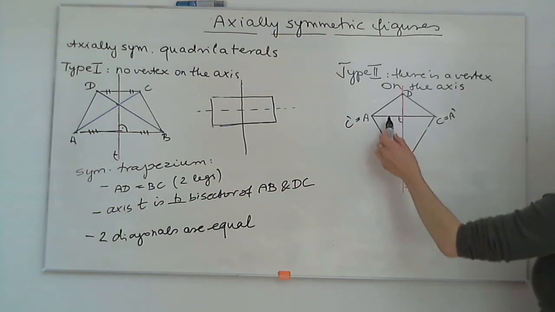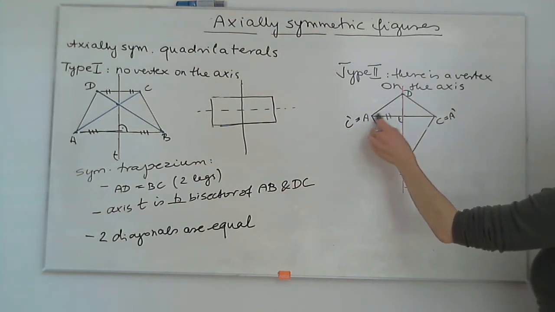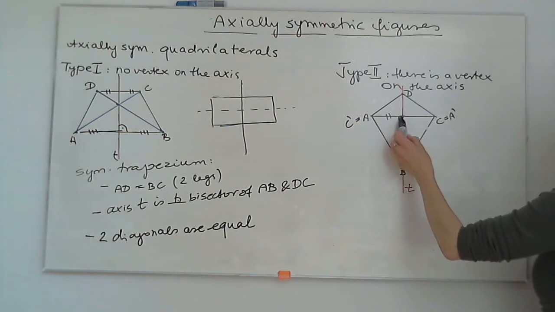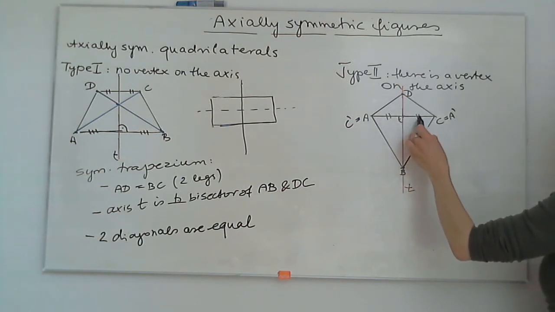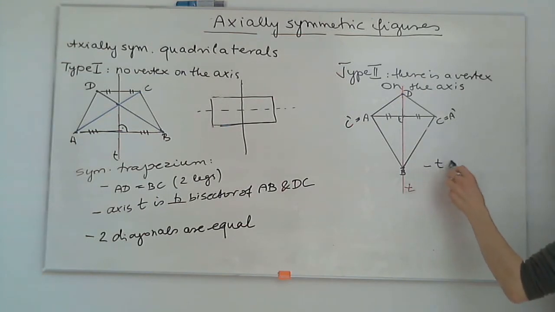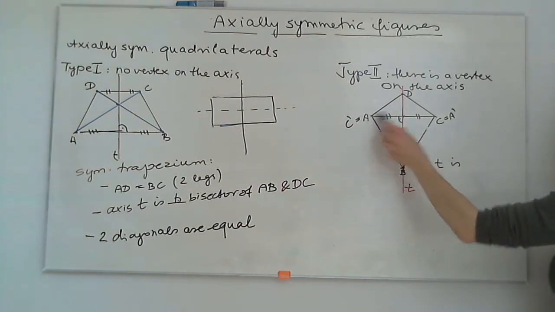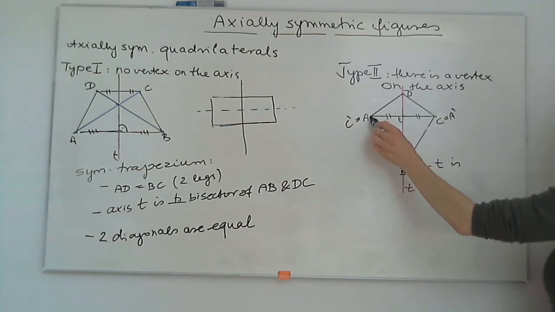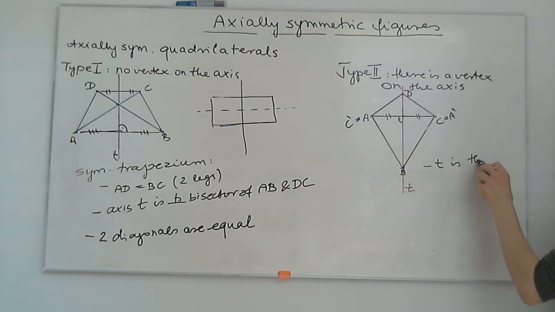Furthermore, it follows again that this segment up to the axis is of the same length as this segment. So the axis T is the perpendicular bisector of the other diagonal, which in our case is AC.